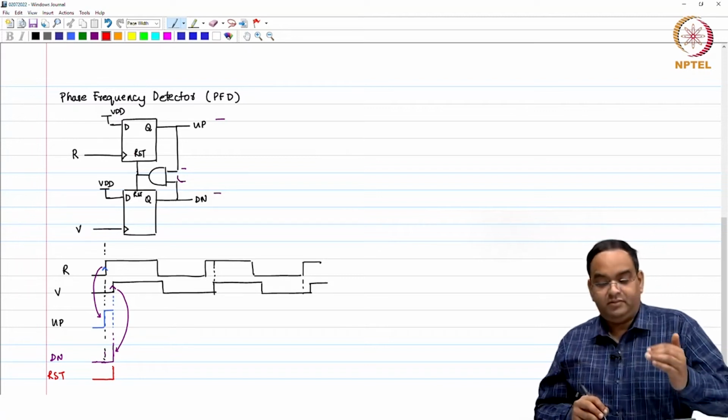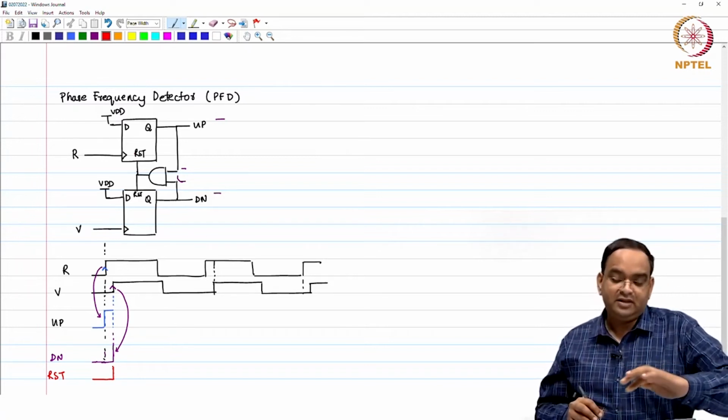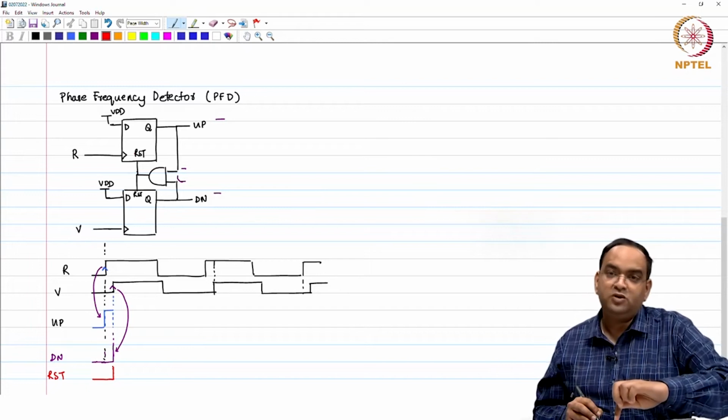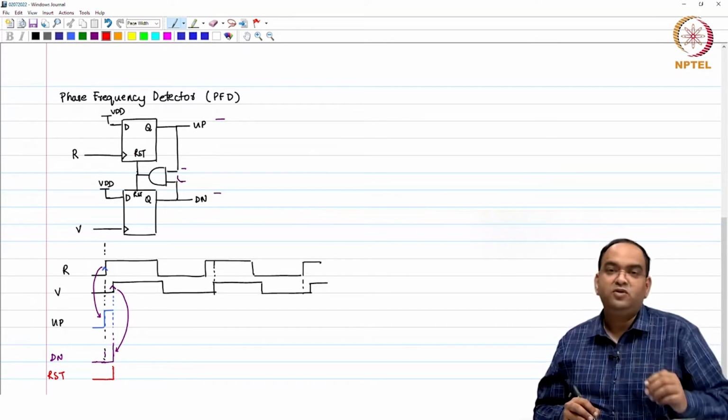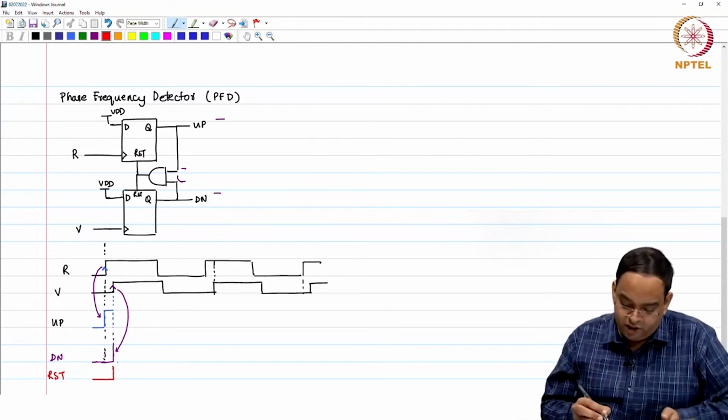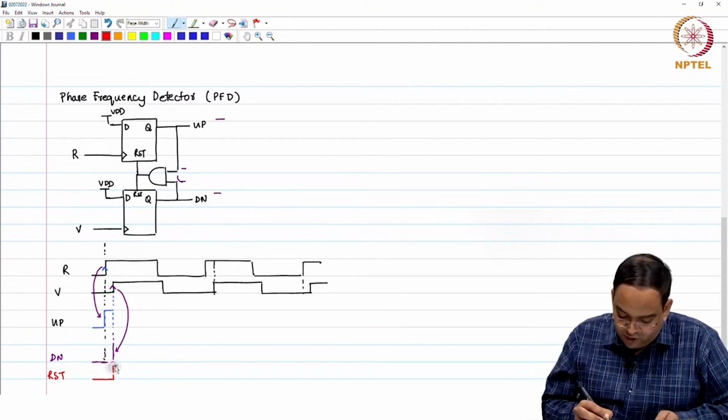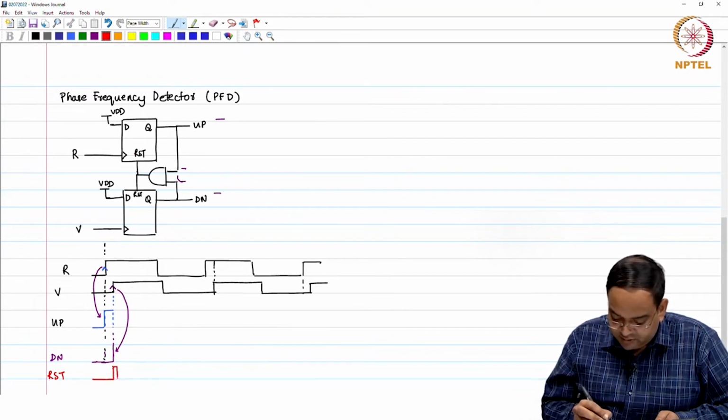In a real circuit, there is some time lag from the down signal going high to the reset signal going high, and then from the reset signal going high to the up and down signals going low. Right now I am just putting all of that time duration as the reset signal going low.